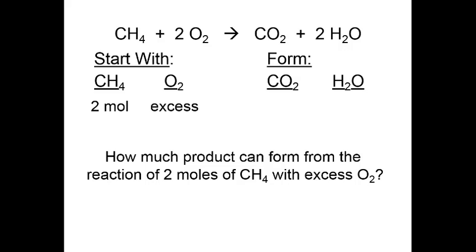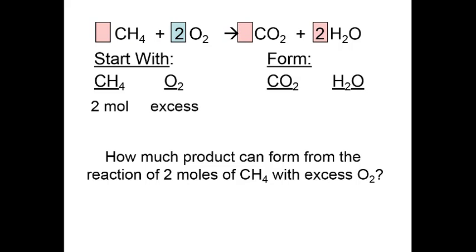Notice the coefficients tell us the reaction requires twice as much O2 as CH4. That means there must be greater than 4 moles of O2 present. It could be 5. It could be 5,000. How much more is irrelevant. CH4 must be the limiting reactant, and we base our calculation of product on the 2 moles of CH4.